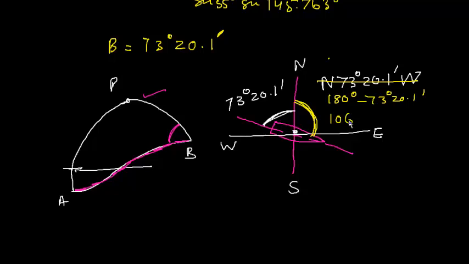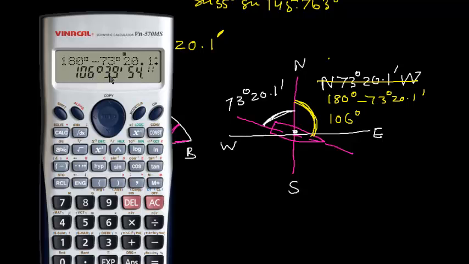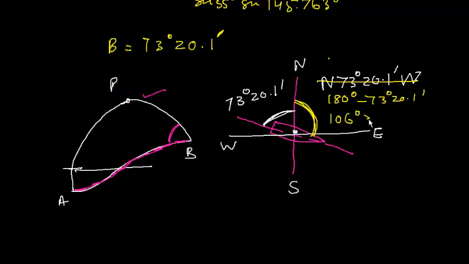So I get this value, which is 106 degrees 39.9 minutes. This is the angle, this is the course, and that I can write as the true course.